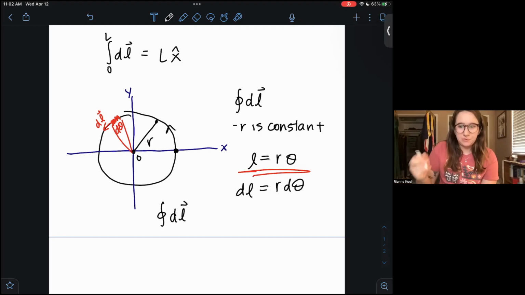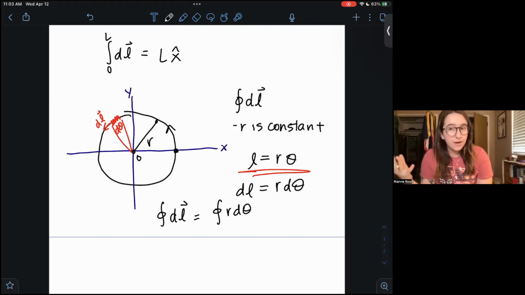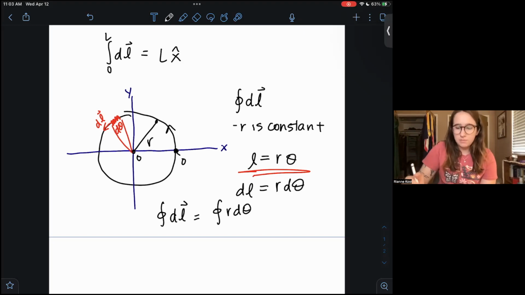So if we want to find this closed loop integral of dL, we need some bounds first. Let's rewrite this first: closed loop integral of r d theta. Now we need to know what our bounds are. Well, our r is staying the same, so we're not integrating from 0 to r, but our theta is changing, and we're starting here, so let's call this 0, and we're ending back at the same one, which is 2 pi. We go around once, so we're going from 0 to 2 pi.